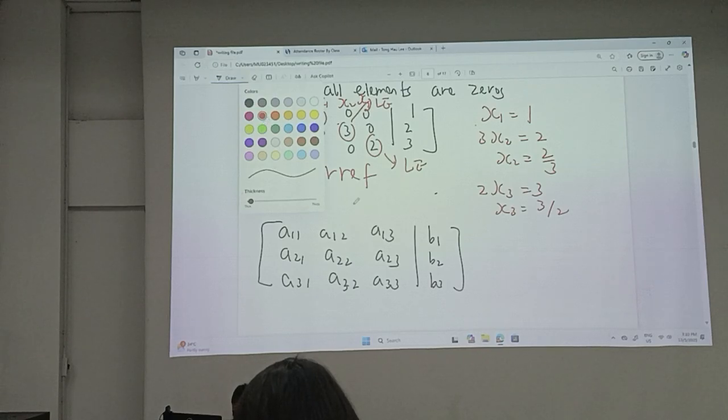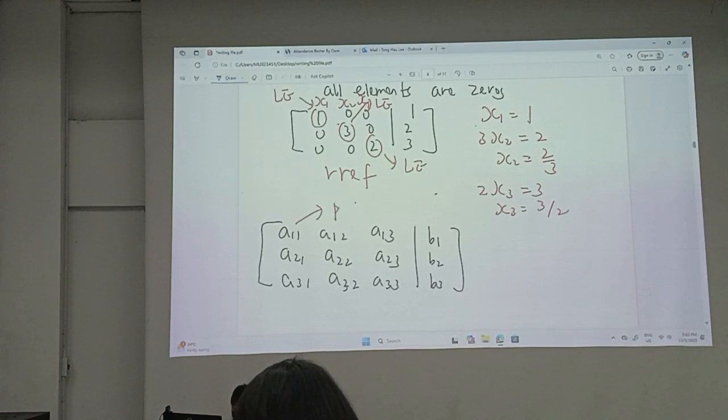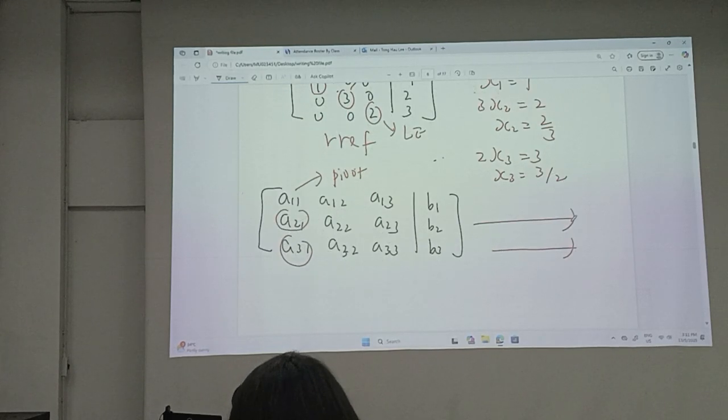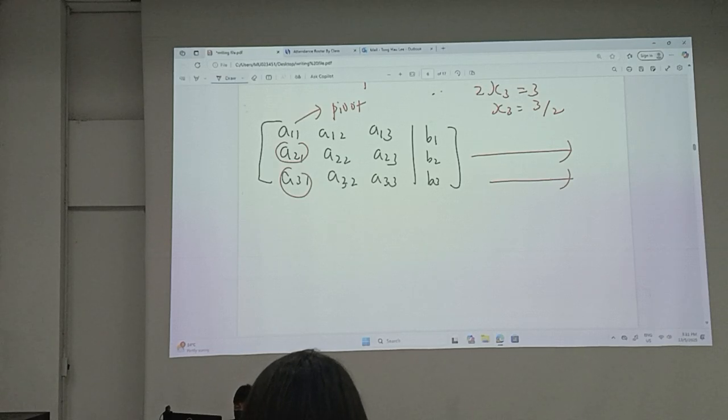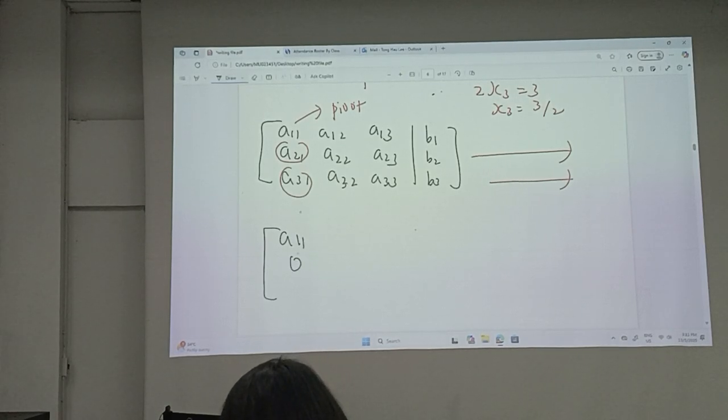Okay. So first A11 will be pivot. So turn A21 and A31 to 0. Use the operation. Do it column by column. So as a result, A21 and A31 will be 0.